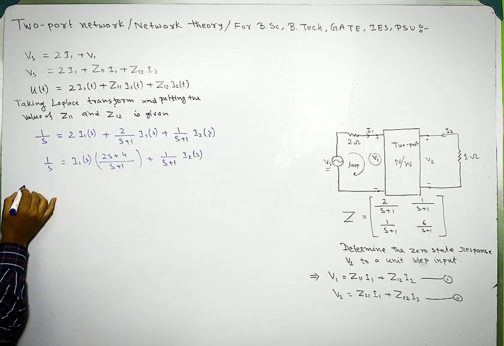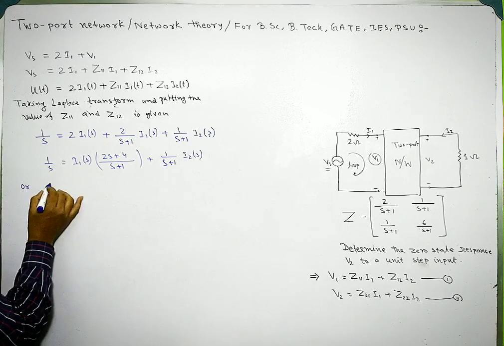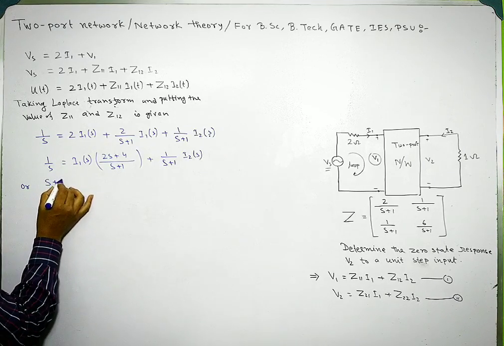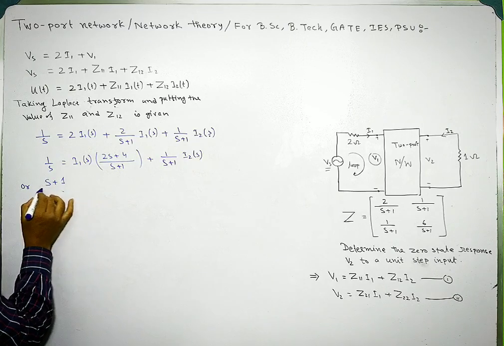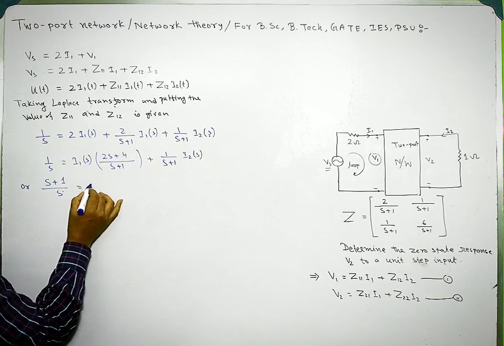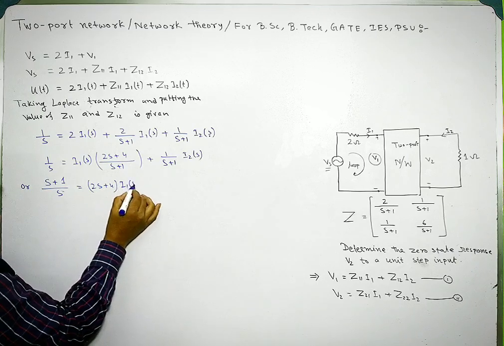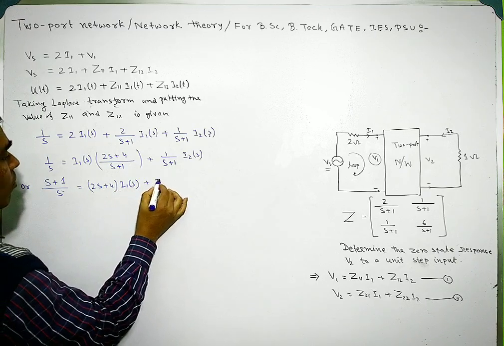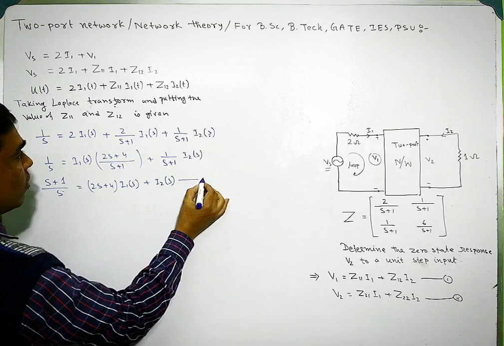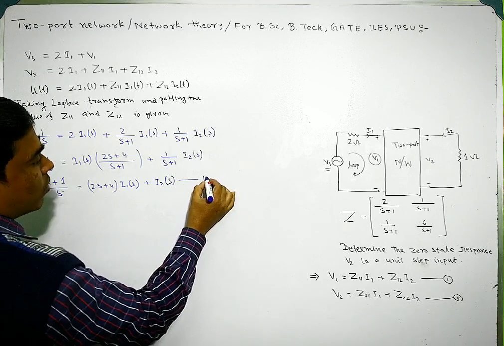So we can write this equation as 2s plus 4 into I1(s) plus I2(s). This is equation number 3.